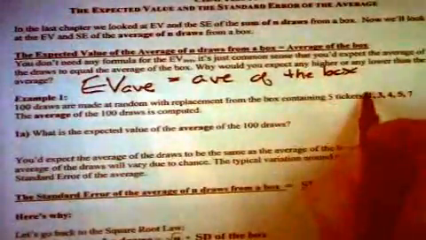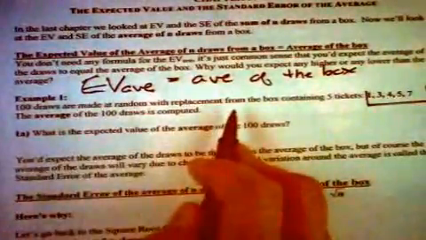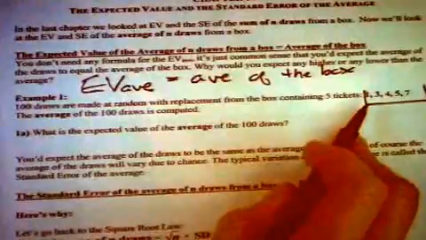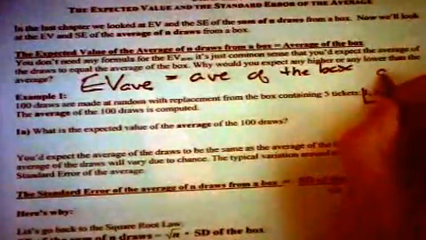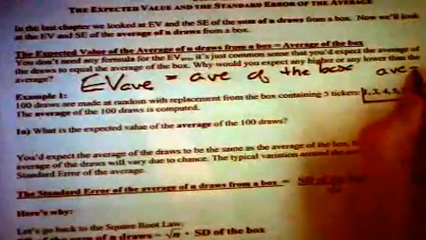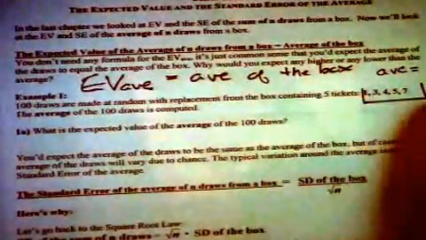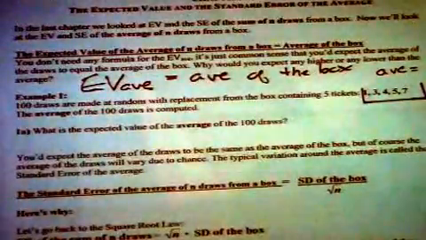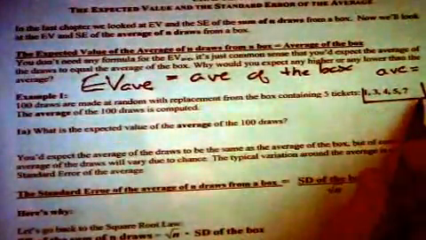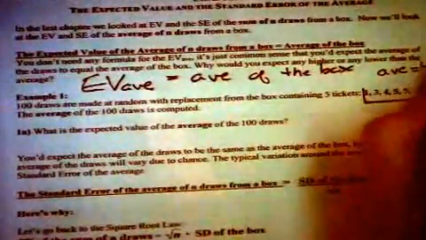For example, let's look at this box right here. 100 draws are made at random with a box containing these tickets. And what's the average of this box? If you add them all up, 8 plus 8 is 16 plus 4 is 20, divided by 5 is 4. So the average of this box is 4.